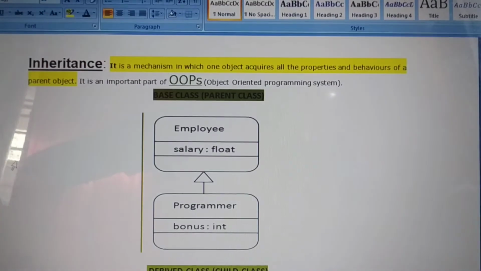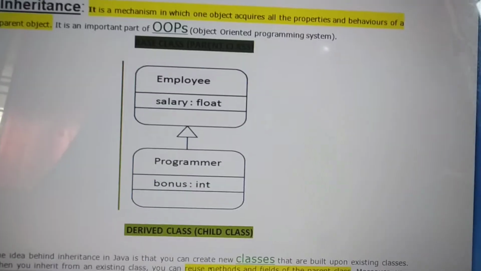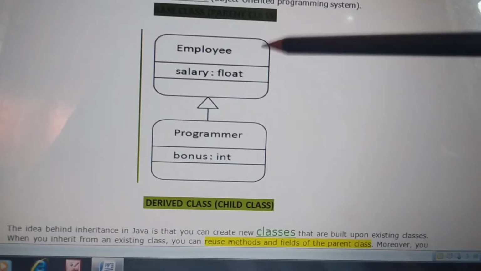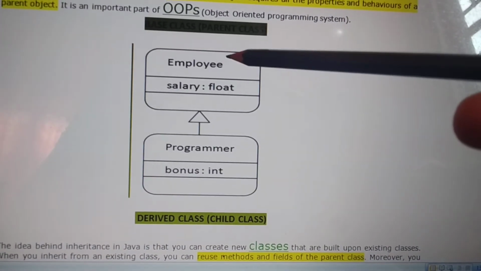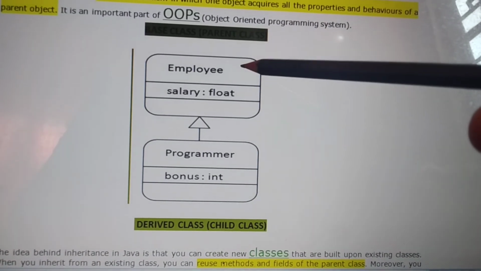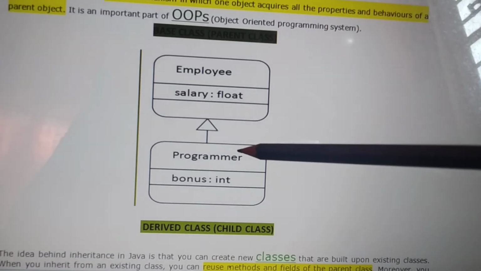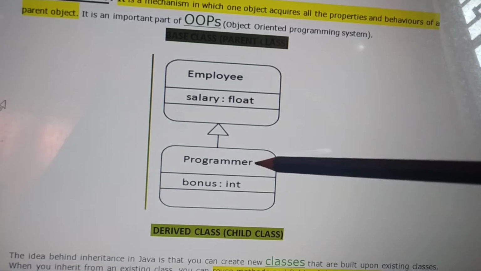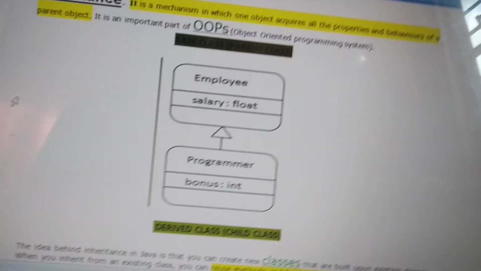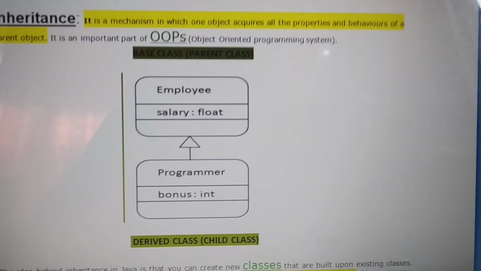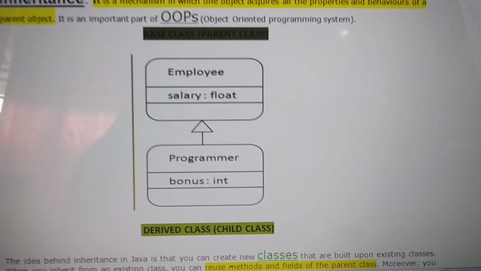There is one class, Employee. This is the name of the class. And the name of the other class is Programmer. Clear? So what does inheritance say?